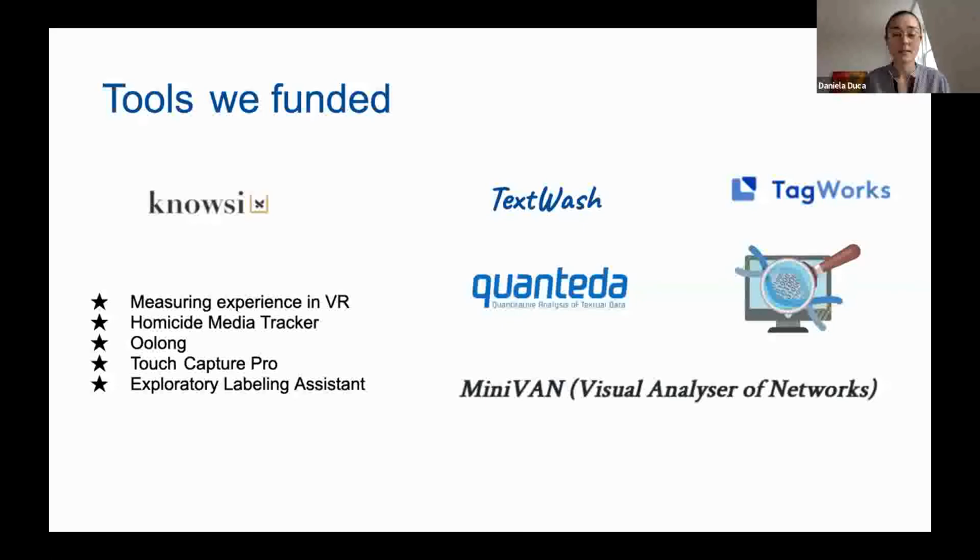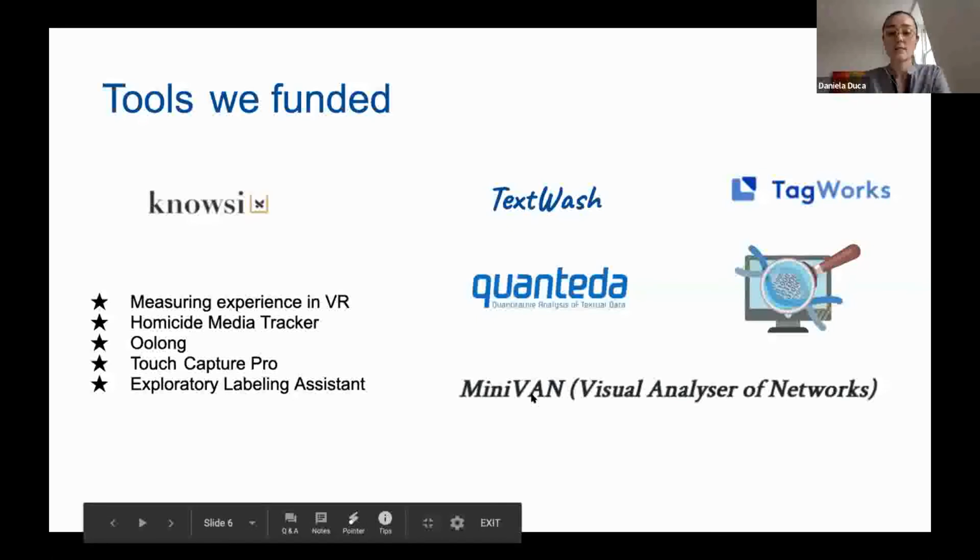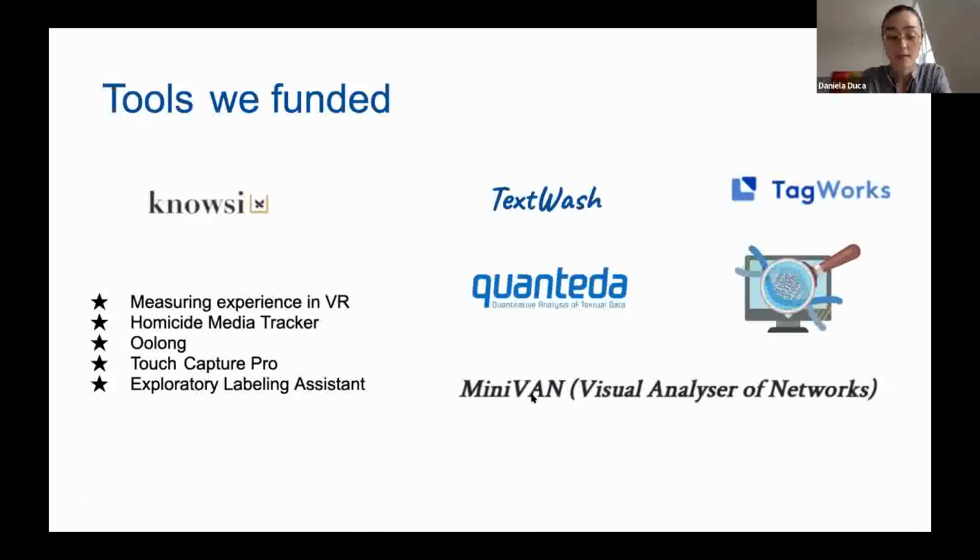So the money is supposed to be a little bit of seed funding to try and think through how to develop the tool that they have in mind. And we funded 5 ideas in that space. We've also invested in a software tool called TagWorks, which is crowdsourcing annotation also on large-scale text.